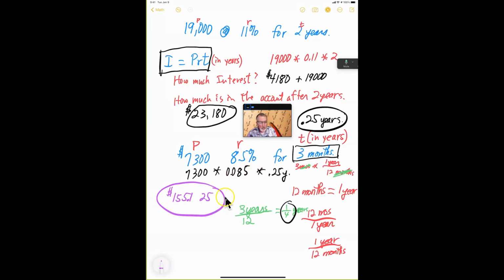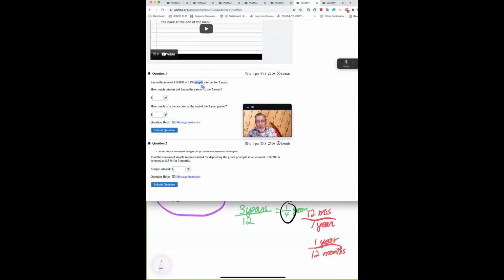And we got $155 and 12 going to 13, depending on how they ask us to round the simple interest. I think we are rounding to the nearest cent.